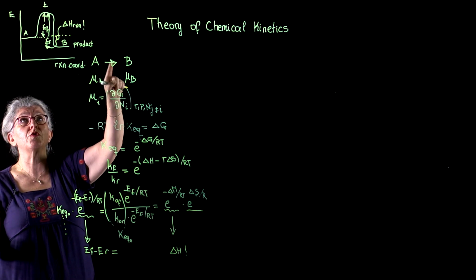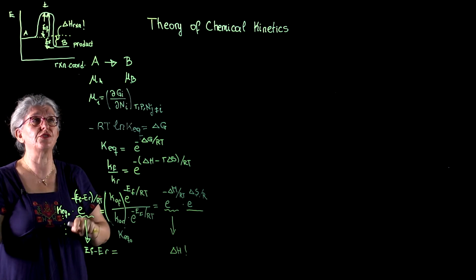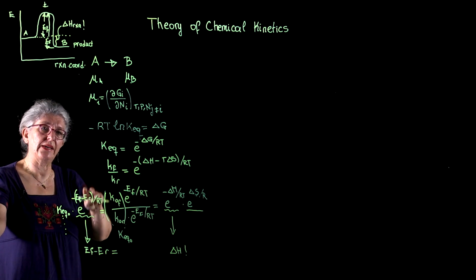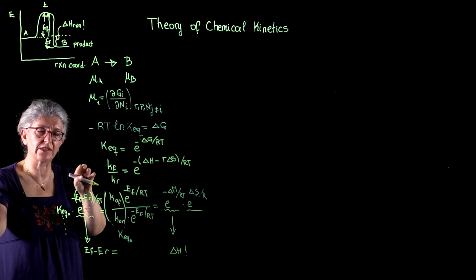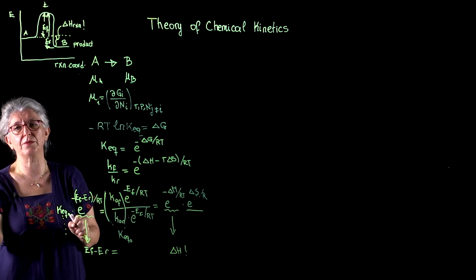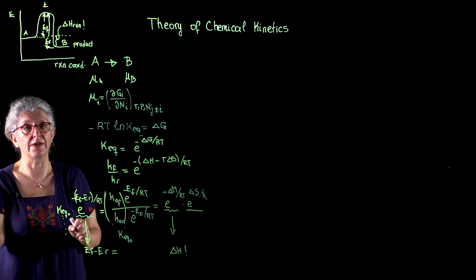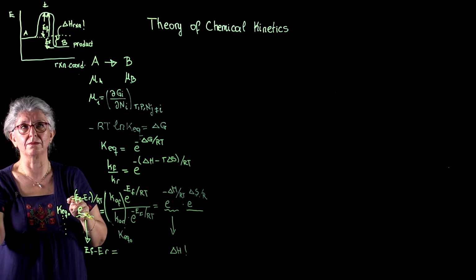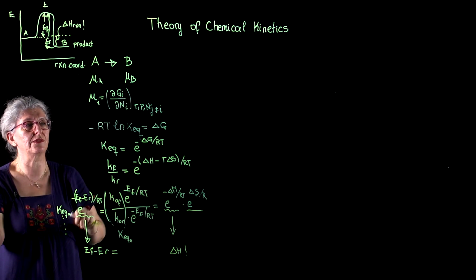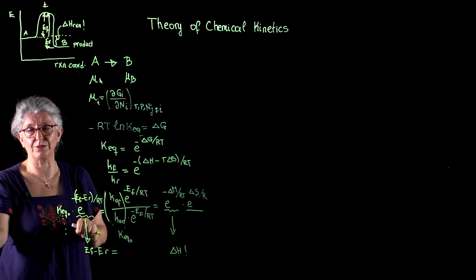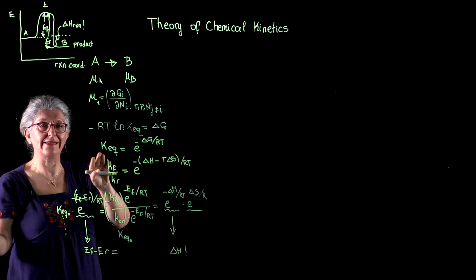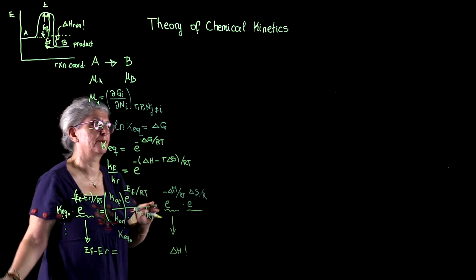As the reaction moves forward, it approaches thermodynamic equilibrium, and the difference between the chemical potentials diminishes to the extent that at equilibrium there is no chemical potential difference. At equilibrium, the chemical potential of the reactants and the chemical potential of the products should be the same. There's no driving force. Let us relate this to the rates.